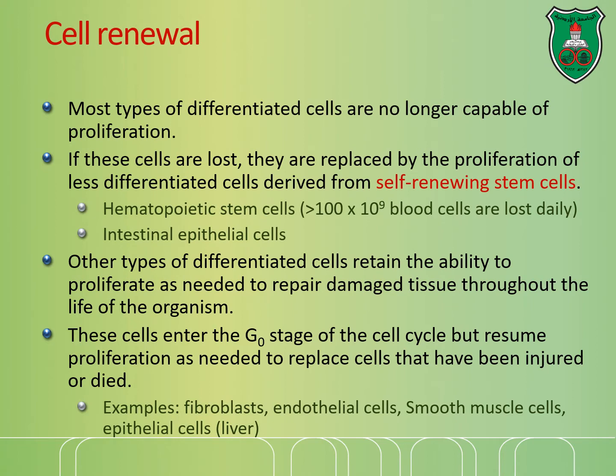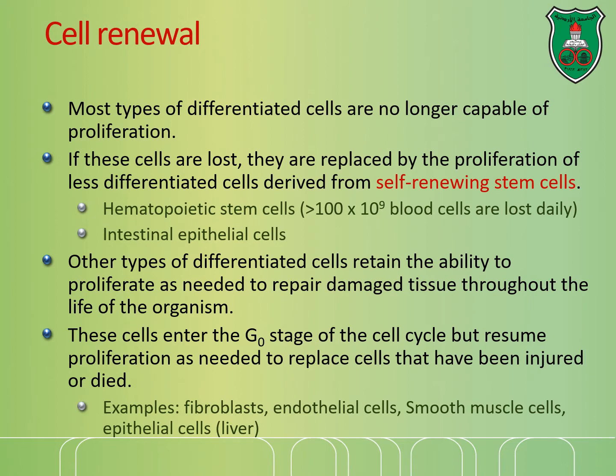Now, some of these cells in certain tissues contain stem cells, self-renewing stem cells. These are cells that keep on dividing to a certain degree, and whenever there is cell damage, there is cell renewal. And this is a continuous process for certain types of cells.